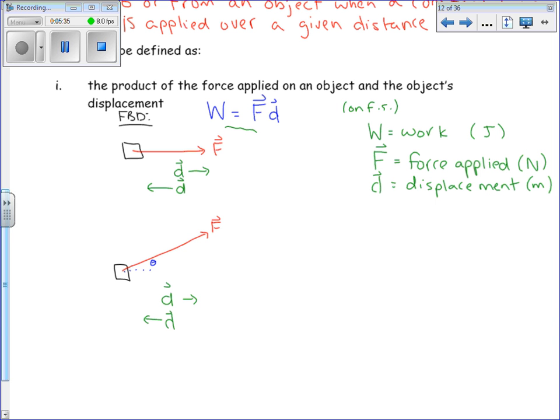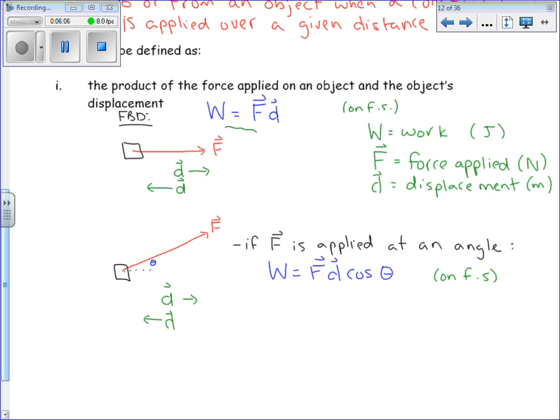If F is applied at an angle, then this is the formula: work is force times distance times cos theta. This is actually the formula that's on your formula sheet, right? The previous formula is not on your formula sheet directly. It's just that when you have a situation like this, then theta is equal to 0, right? And cos 0 is just 1.